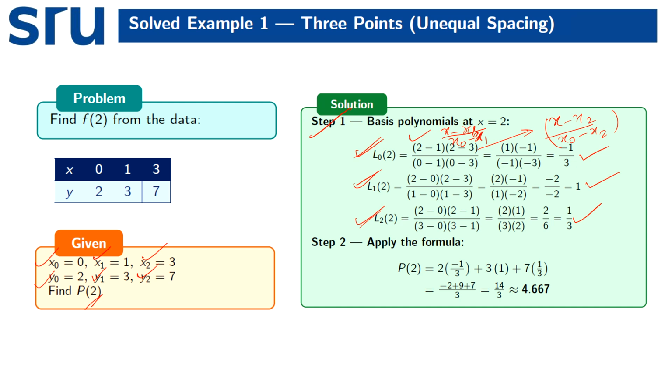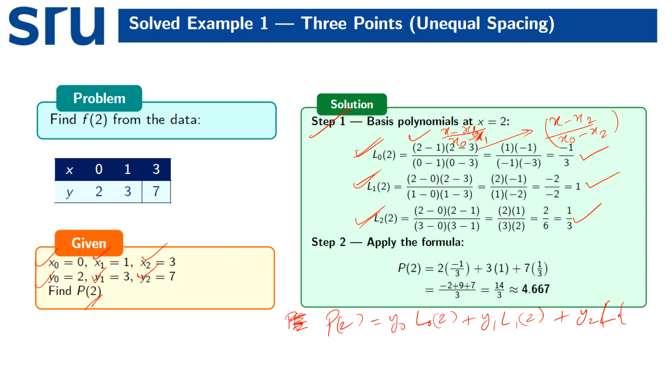We use Lagrange's formula for this function: P2 will be equal to y0 L0(2) plus y1 L1(2) plus y2 L2(2).